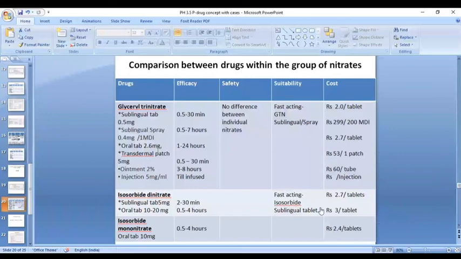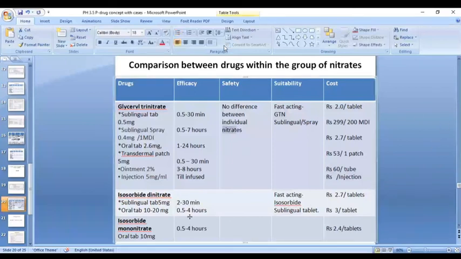Right? Then isosorbide dinitrate, we have sublingual tablet and an oral tablet. What we want is fast acting, its pharmacokinetics should be fast acting. So the dosage form we want is the sublingual tablet. Its sublingual tablet would cost around 2.73 to 4 rupees per tablet. Right, so almost the same, slightly more expensive, but again there is no difference in safety, no difference in efficacy, right?